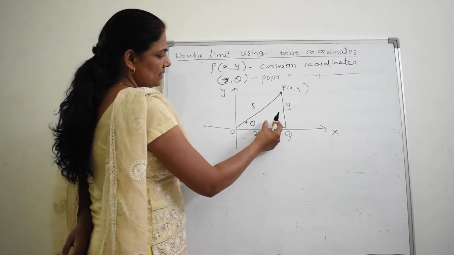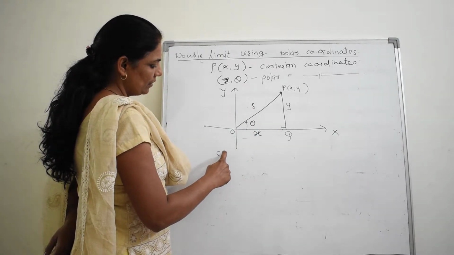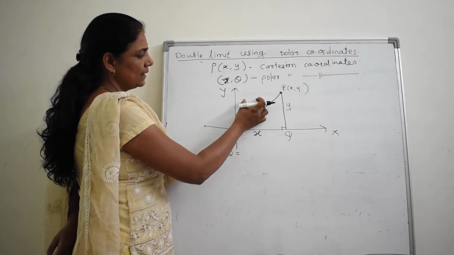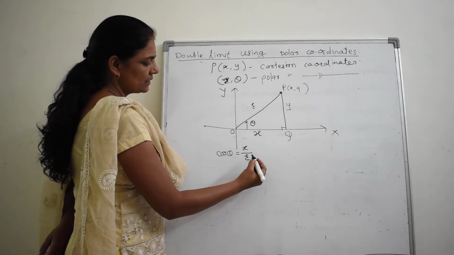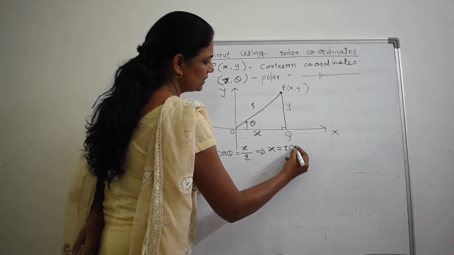Now from this right angle triangle we first find cos theta. Cos theta equals adjacent side upon hypotenuse, so cos theta equals x upon r. It gives x equals r cos theta.